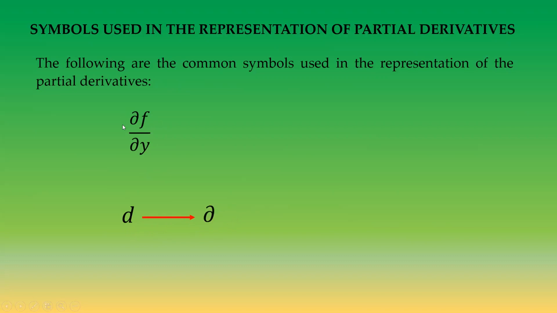Kaya yan ay partial derivative of f with respect to y. This is partial derivative of f with respect to x. Also, ginagamit din minsan yung symbol na f sub y, read as partial derivative of f with respect to y. This is with respect to x. Ito yung common symbols used in partial derivatives.